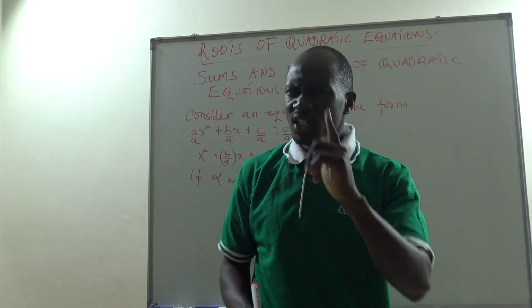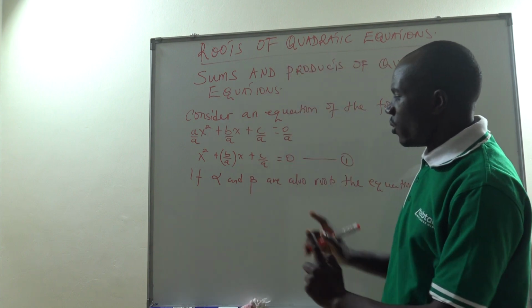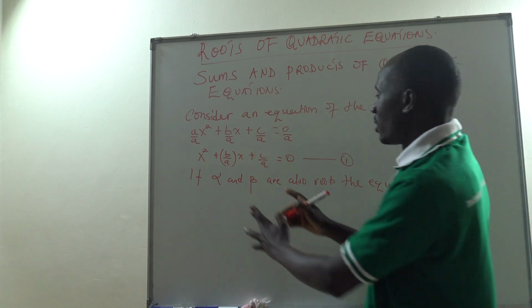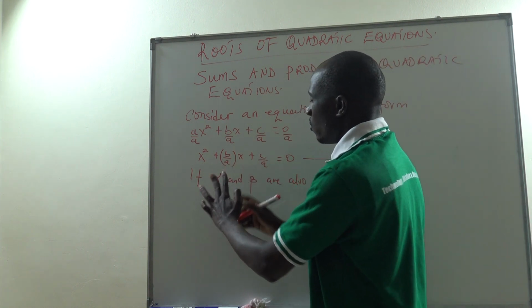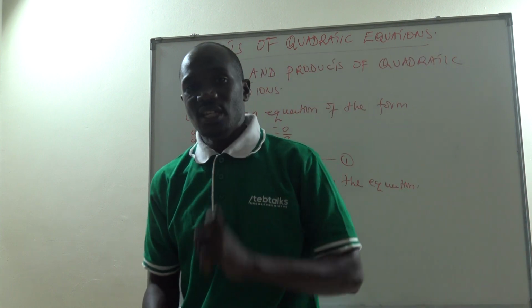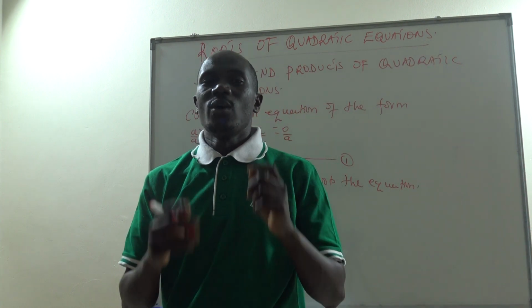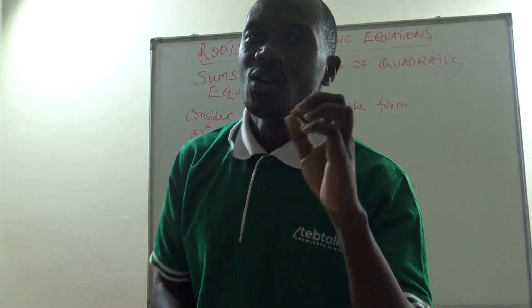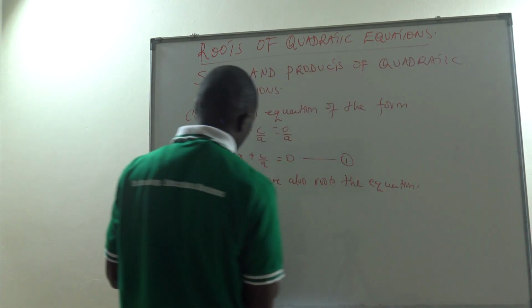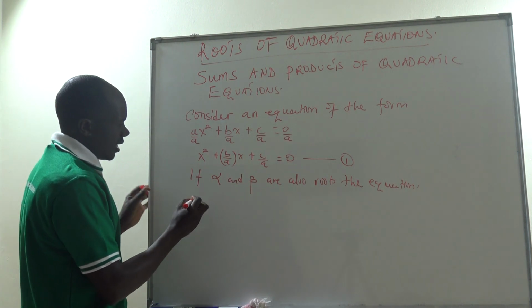We need now to form an equation which is in terms of alpha and beta. So we need to form a quadratic equation which is having the roots as alpha and beta. Like yesterday, what we did in the previous lesson, where we were forming equations when we were given roots.